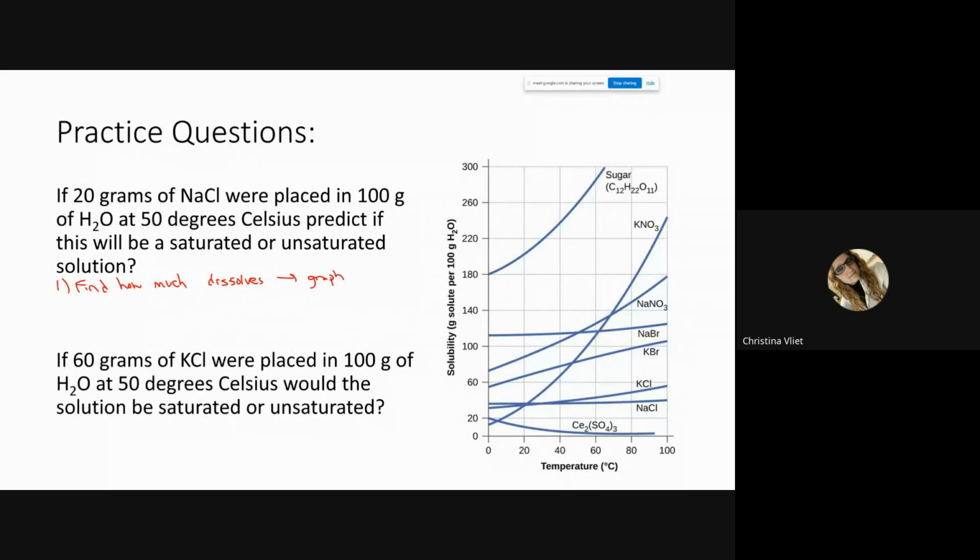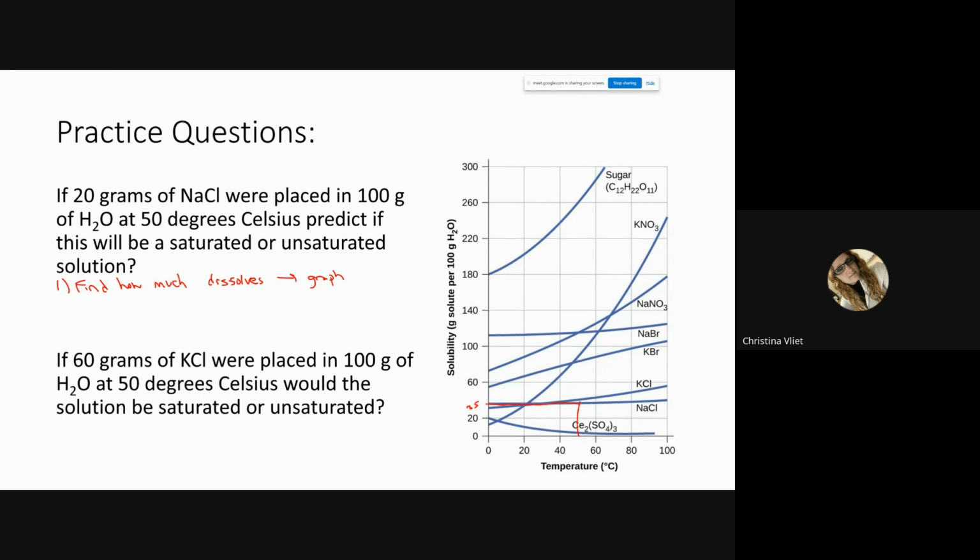We have to find how much NaCl dissolves in 100 grams of water at 50 degrees Celsius. So it's about a little bit less than 40, right? 35-ish? A little bit less than 40.